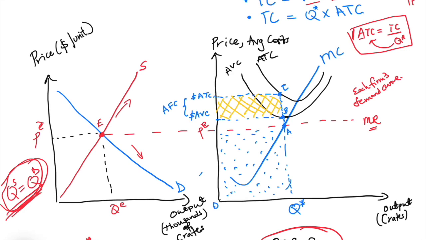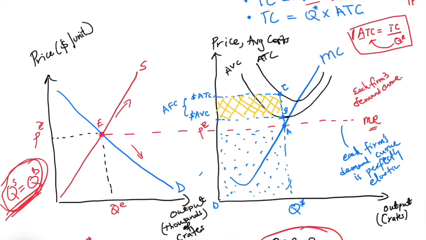Okay, I really hope this helps you. Oh, by the way, this horizontal line means it is the demand curve for each firm. So each firm's demand curve is perfectly elastic, or horizontal.